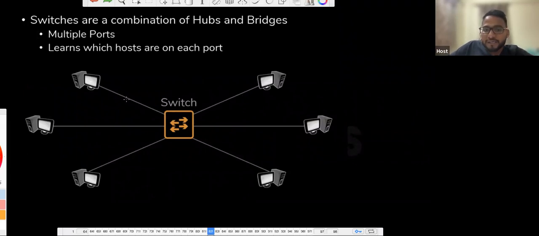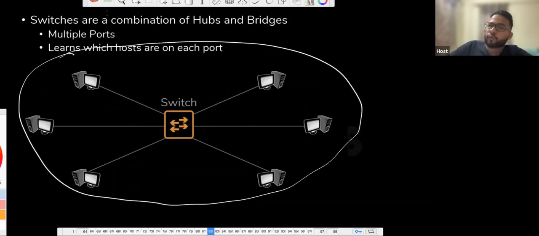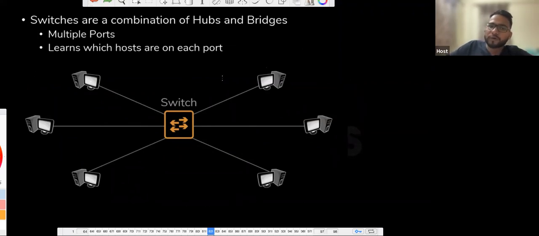How? Initially, if that's a hub, then all of this side forms a collision domain, because there might be a collision when any two of these are sending some data, right? So what is the collision domain? It is a set of hosts.